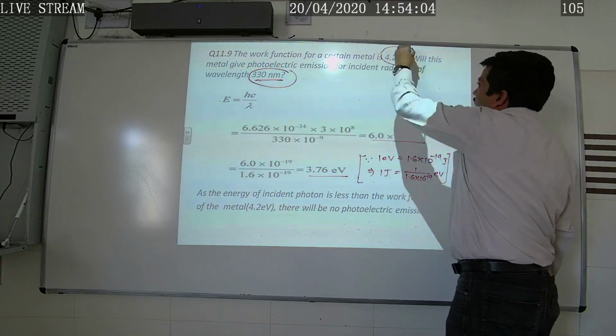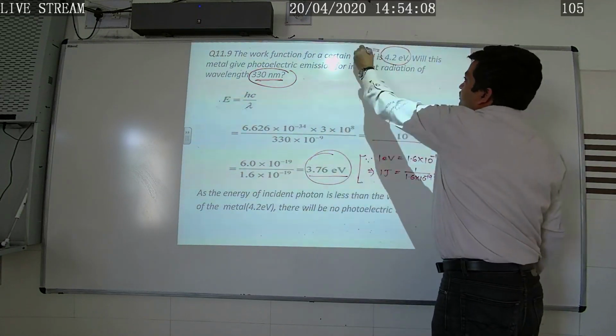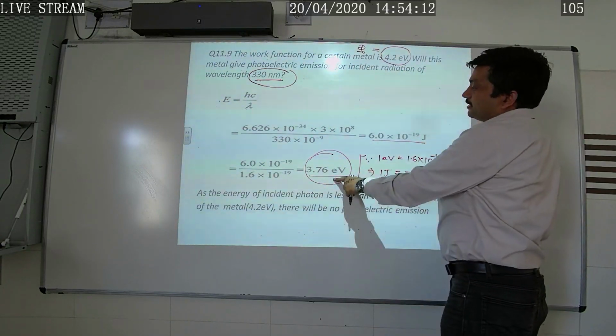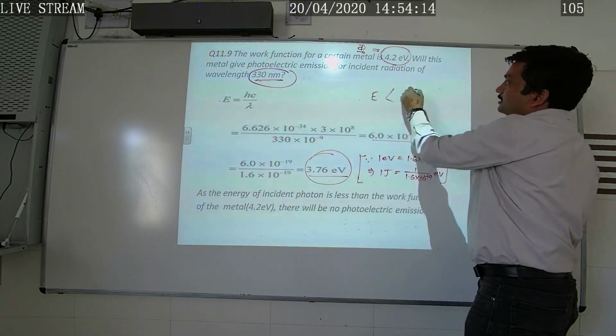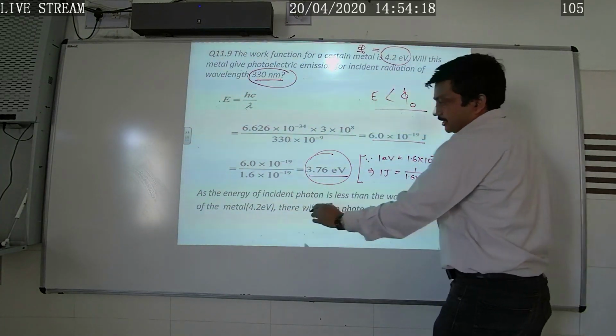Now look here, compare these two values. This is the energy of incident radiation and this is the work function of the metal. The energy of the incident radiation is found to be lesser than the work function, so no photoelectric emission will take place.